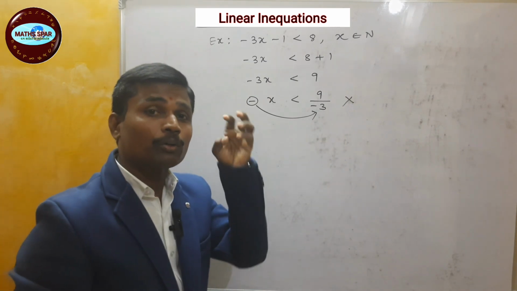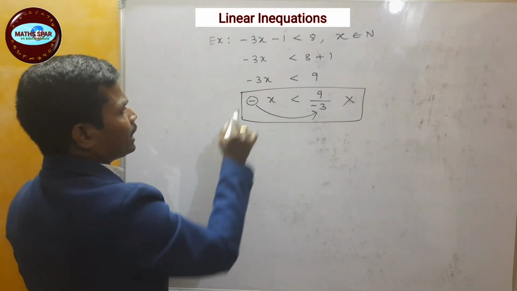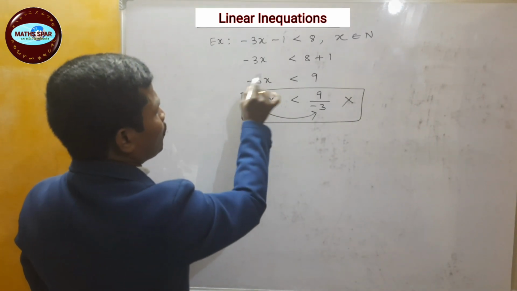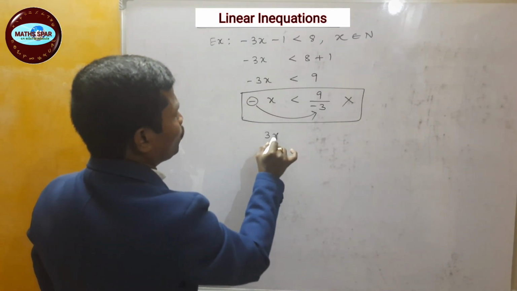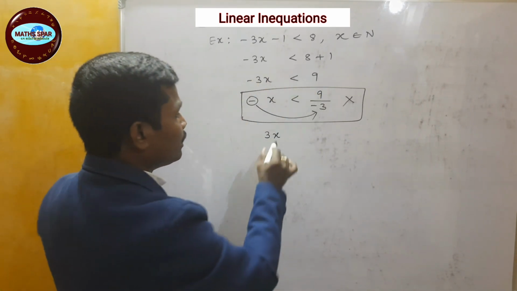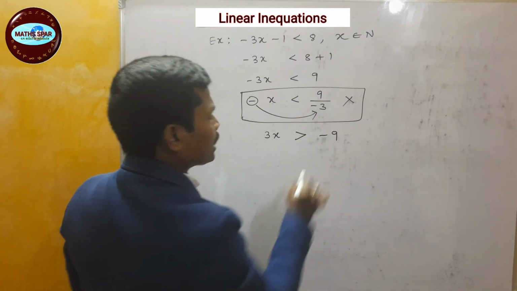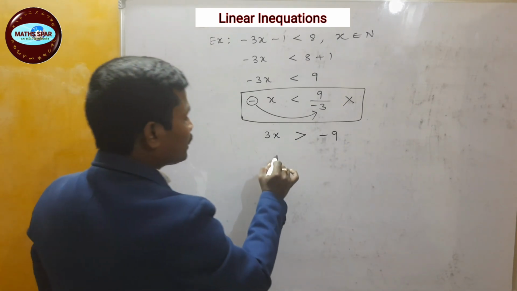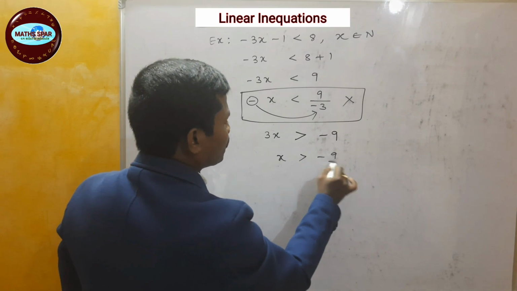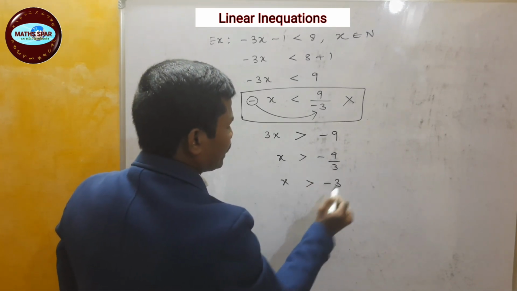The change you have to note here is, instead of writing this, you will change this minus as plus. How? When minus 3x is less than plus 9, then plus 3x will be greater than minus 9. Then x greater than minus 9 by 3, that is x greater than minus 3.